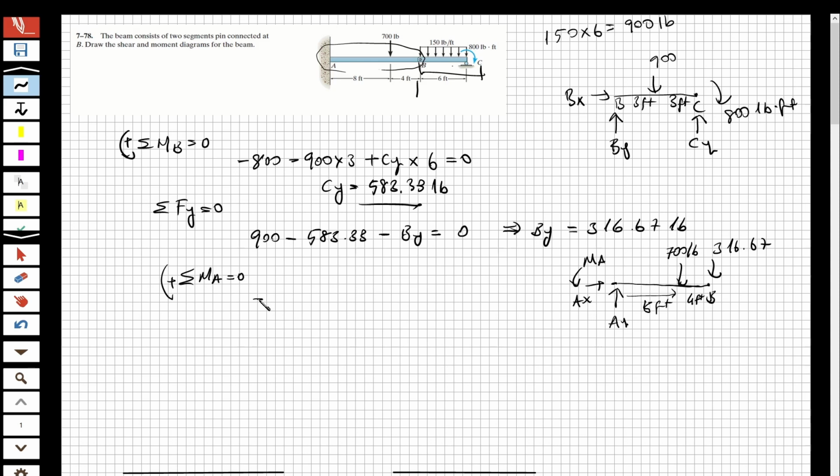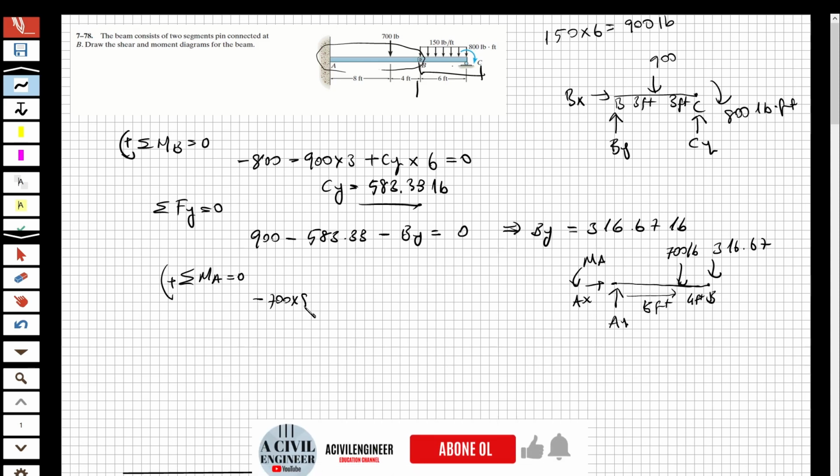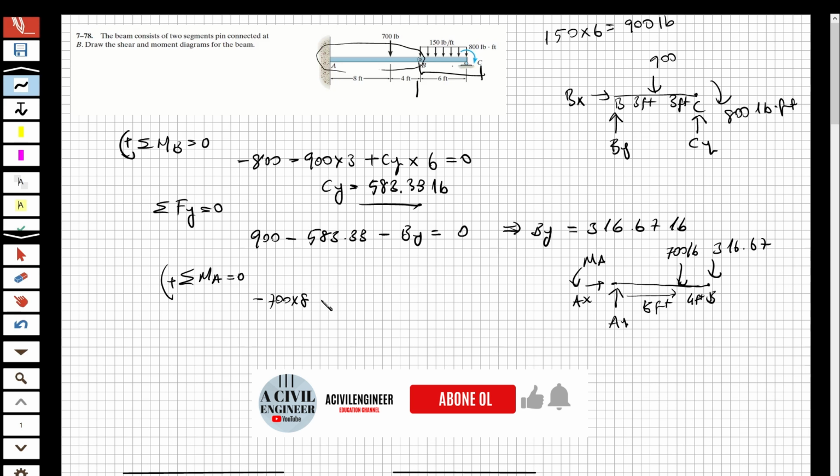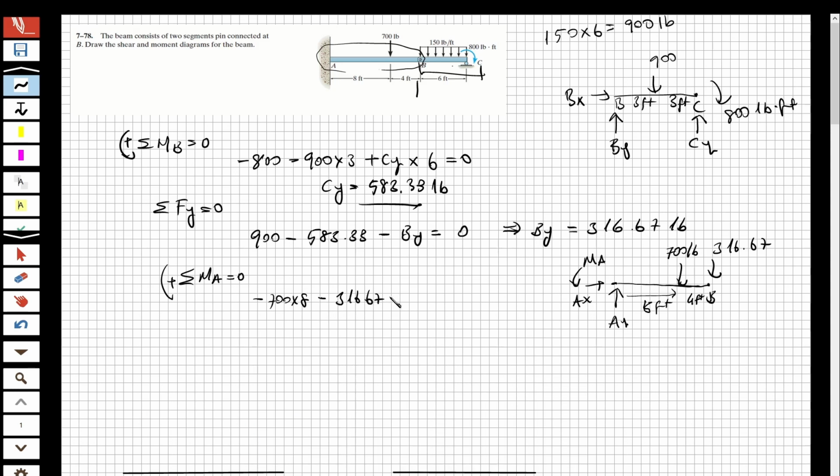It's going to be minus 700 multiplied by 8 and minus 316.67 multiplied by 12 and plus Ma equal to 0. And Ma will be equal to 9,400 pound-feet.